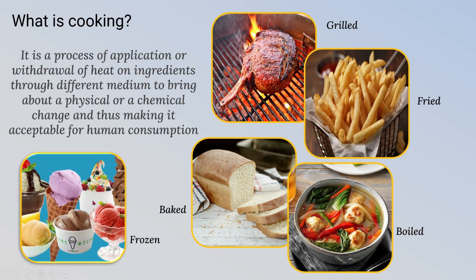That's why it has become frozen. That means there are different ways heat can be applied or withdrawn, and depending on that we get different cooking methods. And today we are going to discuss in detail the methods of cooking. Okay, there is no doubt, I believe, as far as the definition is concerned.